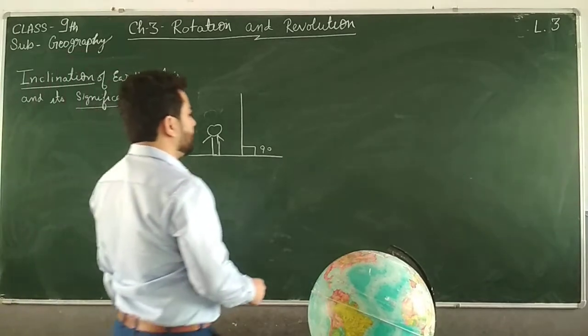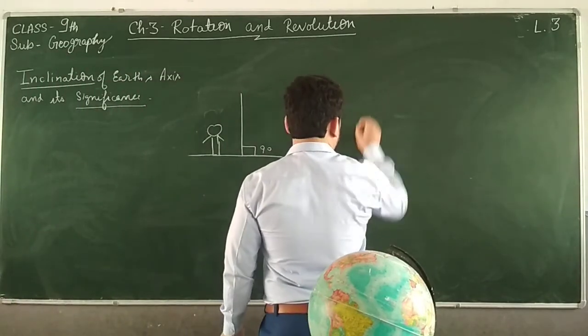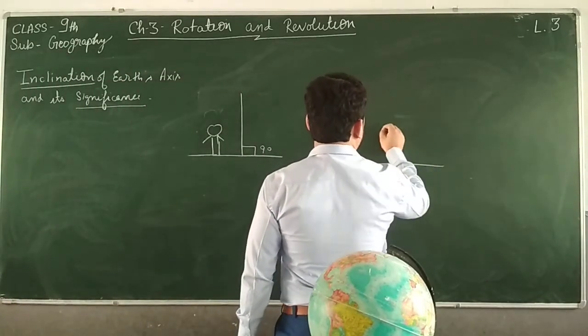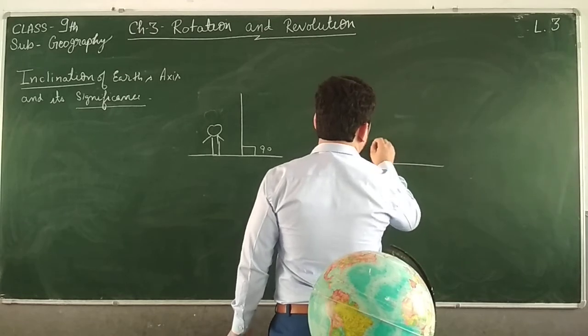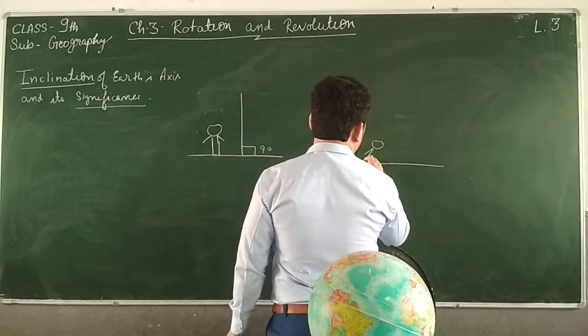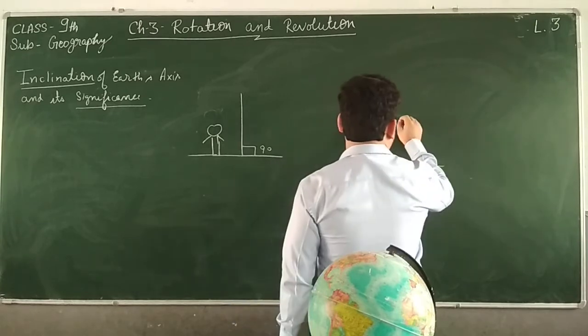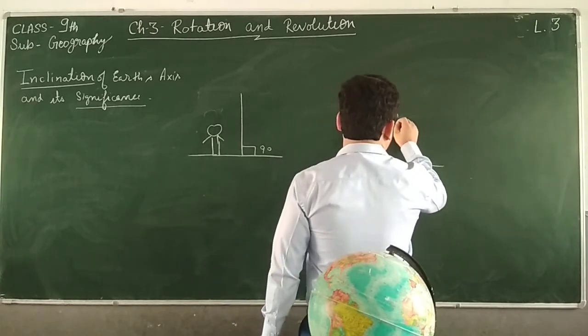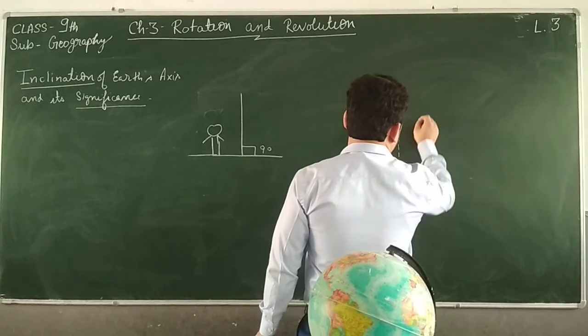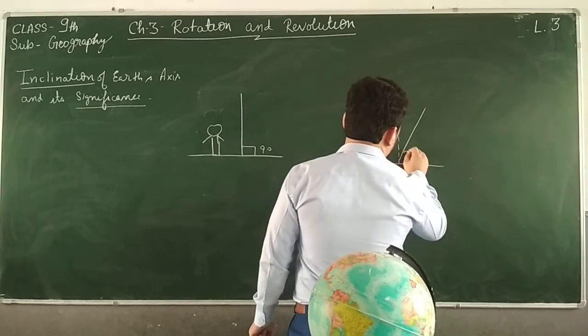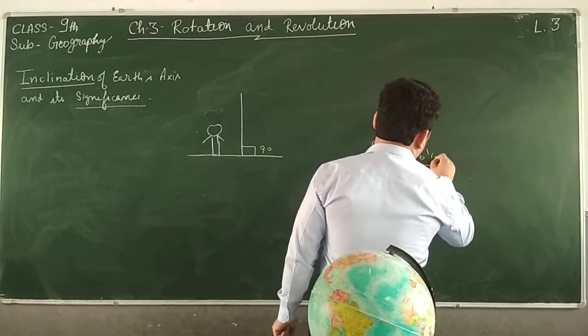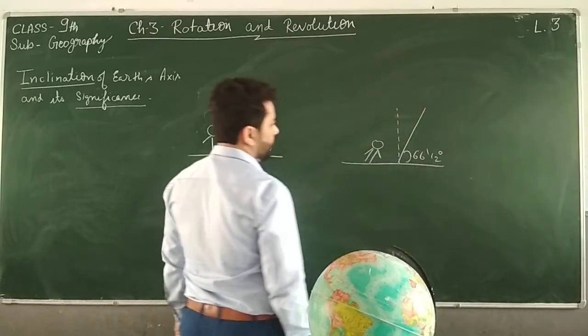And suppose a man is bowing towards someone like this at an angle of 66 and a half degree. Clear?